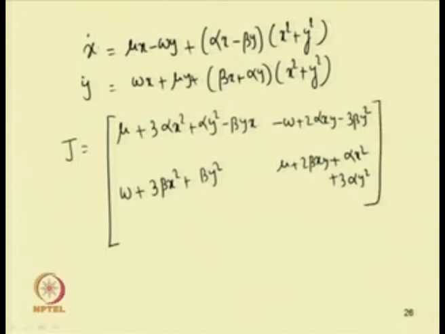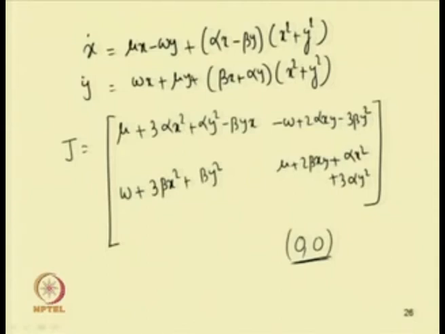By putting x dot equal to 0 and y dot equal to 0, one can observe that x and y are both 0.